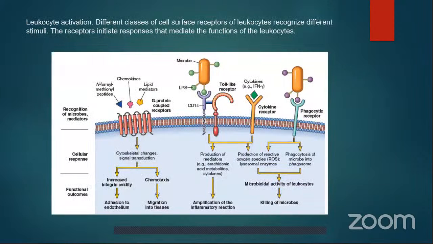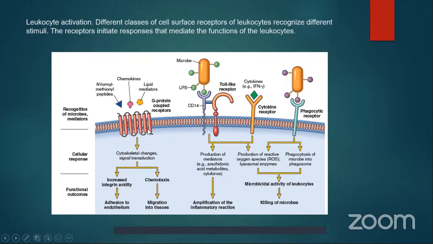So this is a pictorial representation of the different classes of cell surface receptors. Last time we learned about this, isn't it? The G protein coupled receptors are present on the leukocyte membrane.